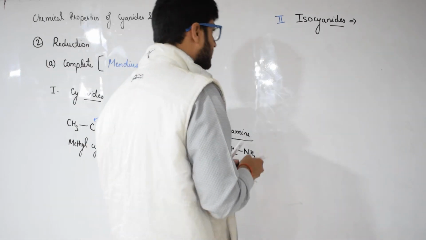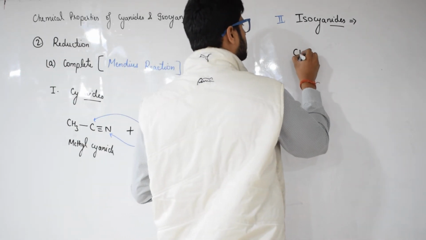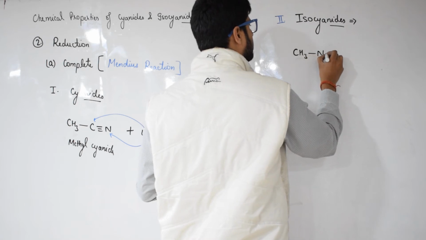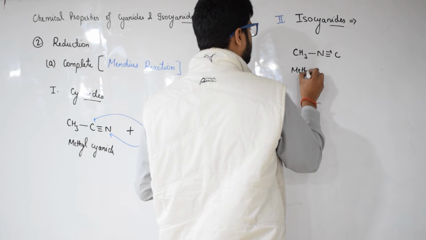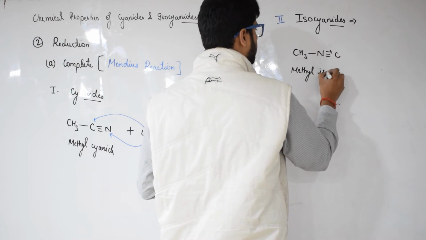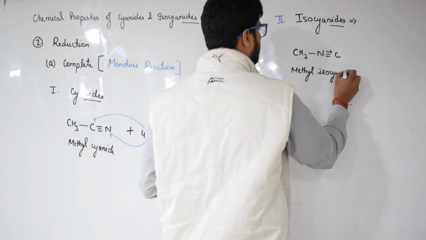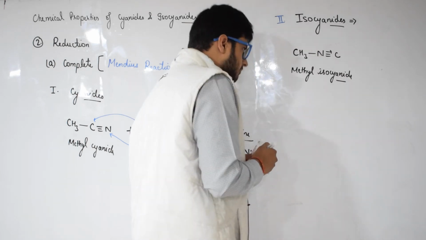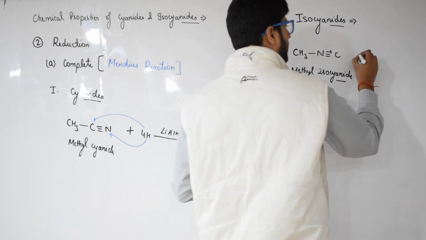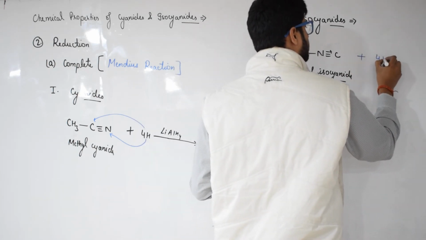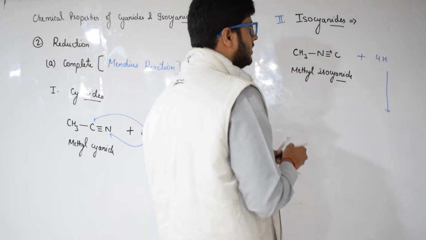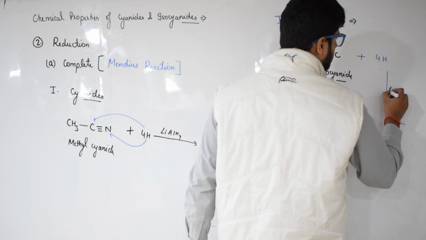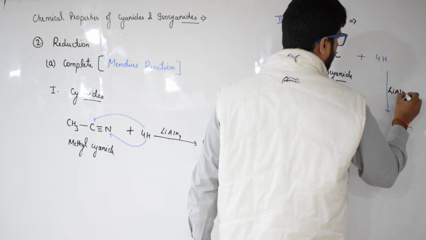So, let us take an example, let it be CH3NC, an isocyanide called methyl isocyanide. When it is reduced, that means when it is treated with 4 atoms of hydrogen, what happens? Again we need a reducing agent. Let the reducing agent be lithium aluminum hydride.